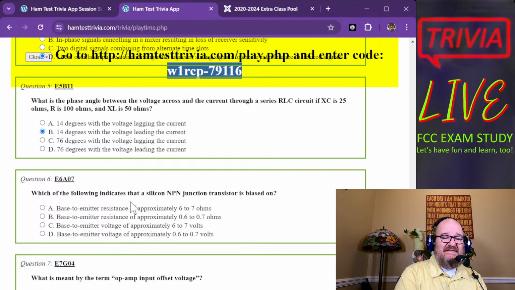So I'm going to say NPN, the base to emitter voltage. I think it's going to be voltage, y'all.